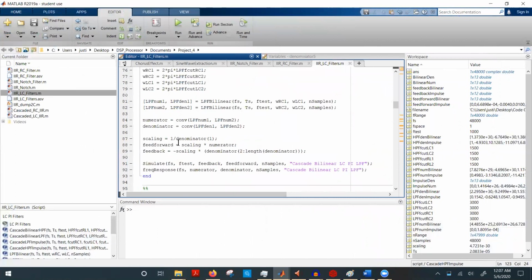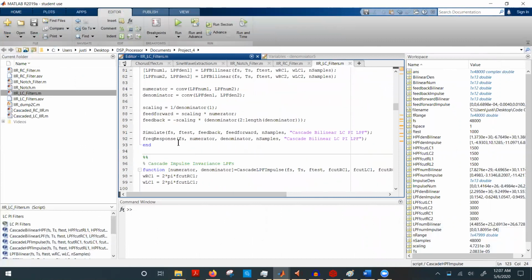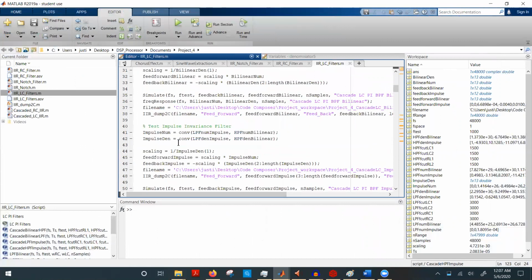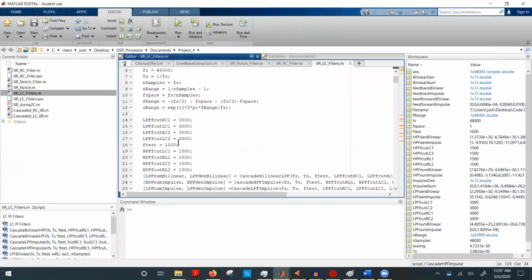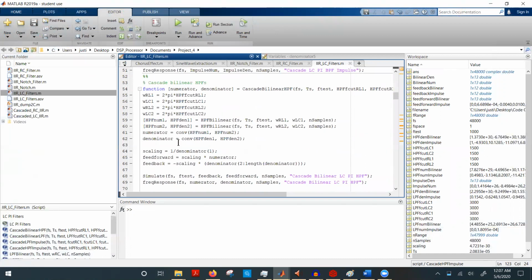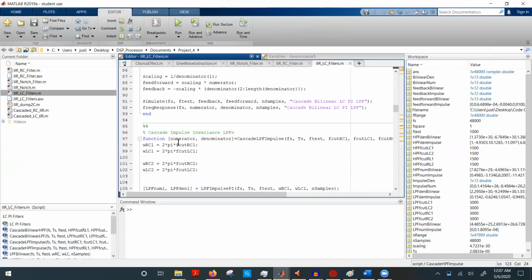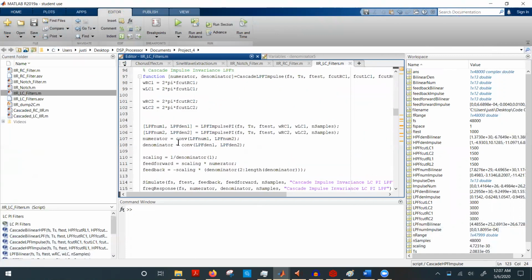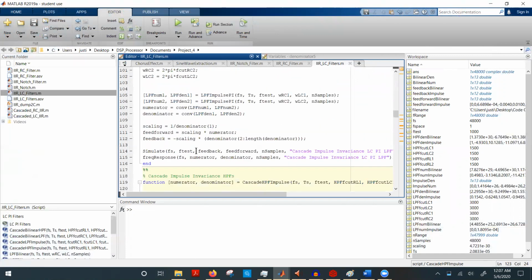So by utilizing that, I can accurately cascade multiple filters together with relatively little trouble, as long as I have the first order or the lower order filters designed, that I can just cascade using the convolution command.